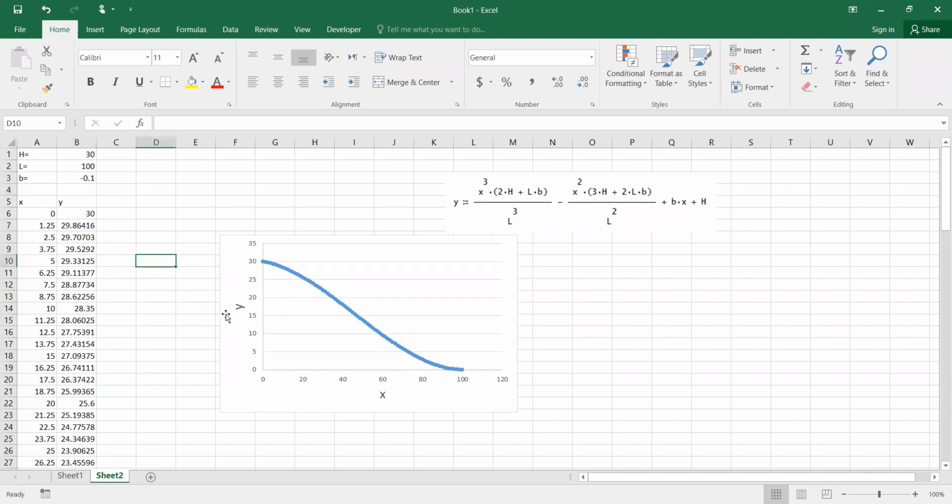This is just an example of how to use Derive together with Excel to generate functions with the given information here. See, it's a polynomial of the third degree. If you make a polynomial of fourth degree, you'll have more variables.